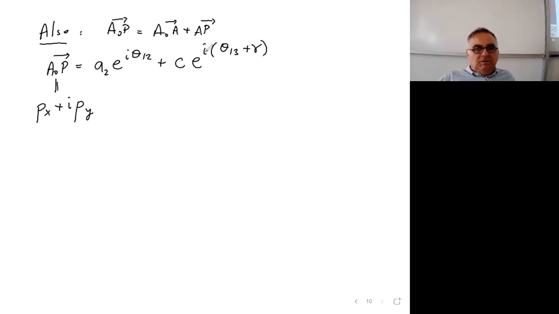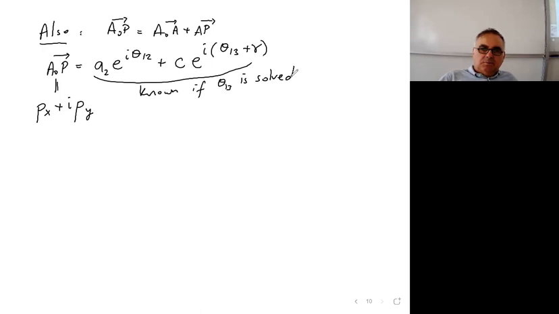So its real and imaginary parts can be expressed as Px and Py, known if theta 1, 3 is solved. So Px and Py can be expressed so that we can draw the path of this point P.